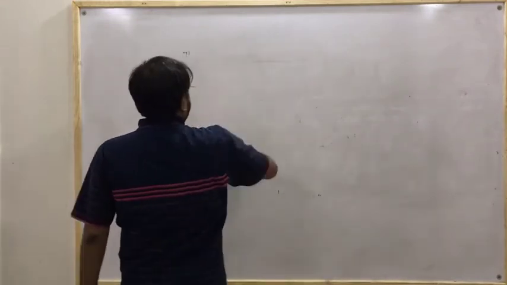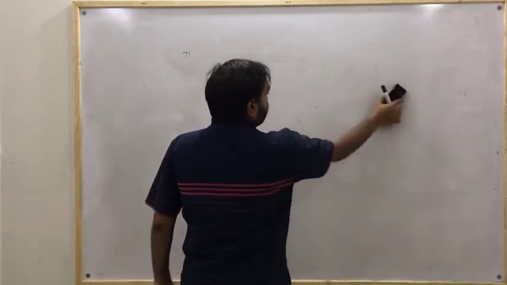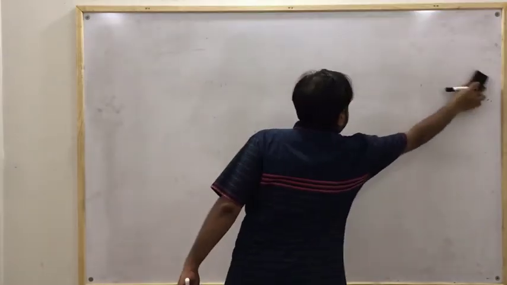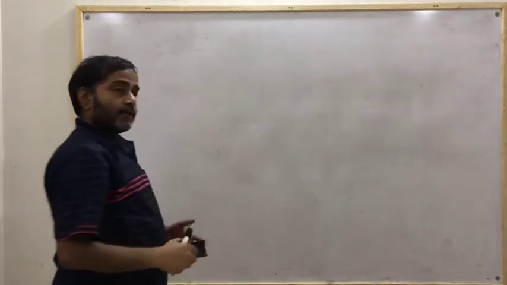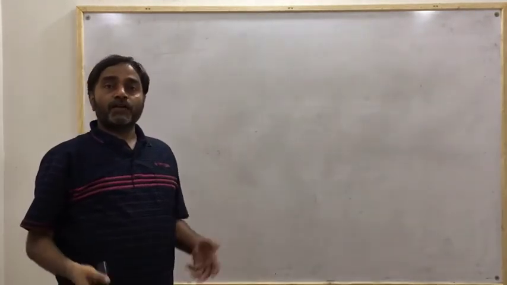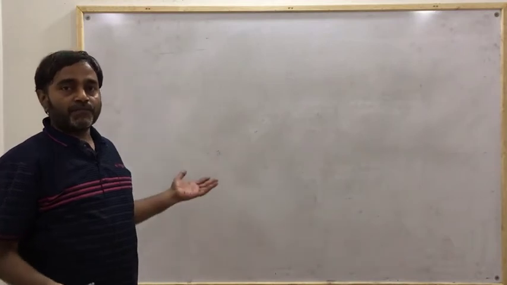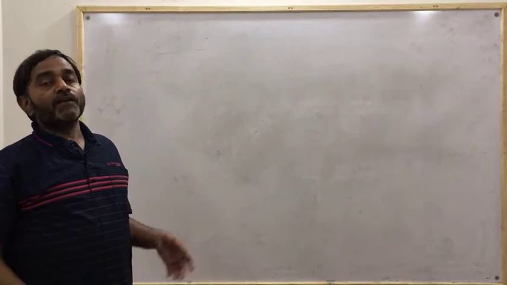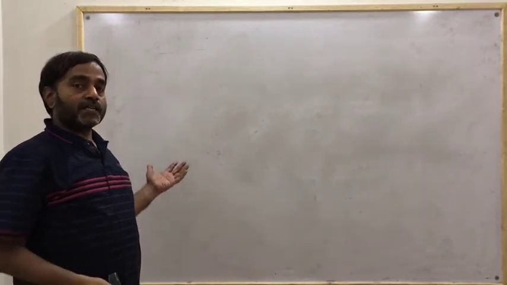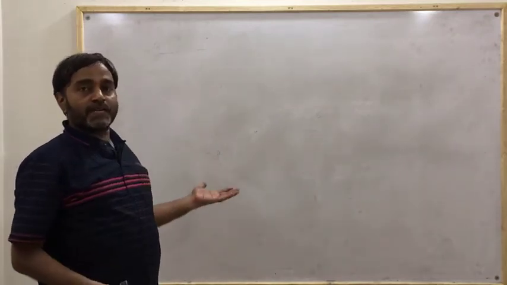Now we will see further about other concepts. There are some influencing or regulating factors which we may find in Krebs cycle, which are very important. And what are these factors, in addition to what we have discussed previously?